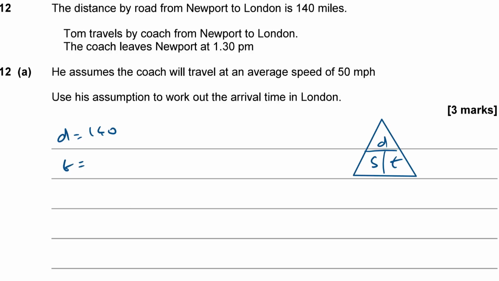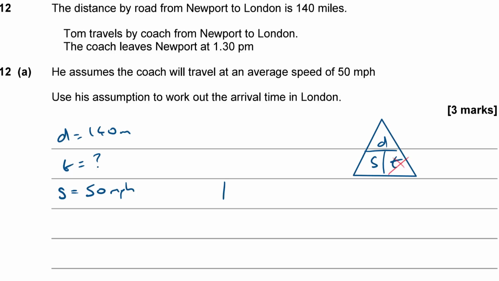I need to work out the time he arrives in London, and I know the average speed is 50. Okay, that's in miles and that's in miles per hour. So the one I want to find is t. Kind of putting your thumb on top of the t, it tells you what to do with the other two. Time is equal to distance divided by speed.